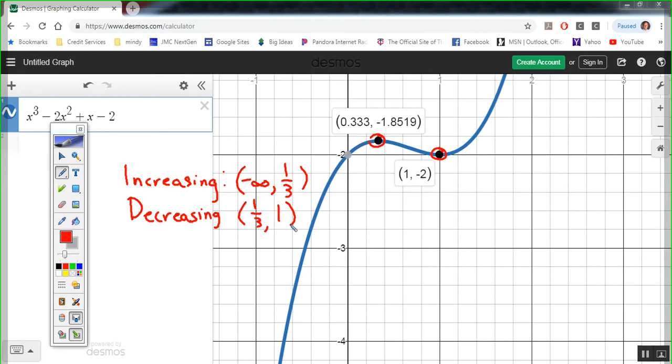Where does it start increasing again? After 1 all the way up to what? Infinity. It's not going to stop increasing. So the last part for increasing here, I could just add it with this one. I could say and from 1 to positive infinity, like that. Make sure you have that in your box there as well.